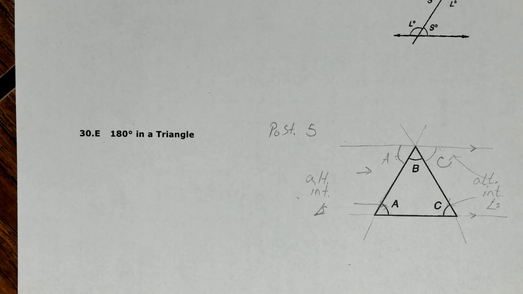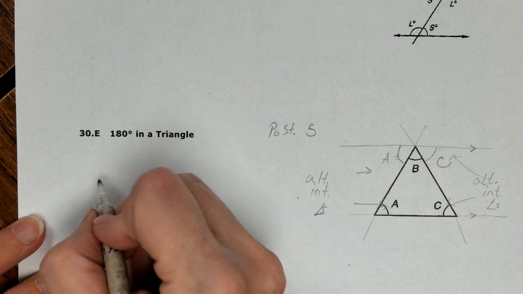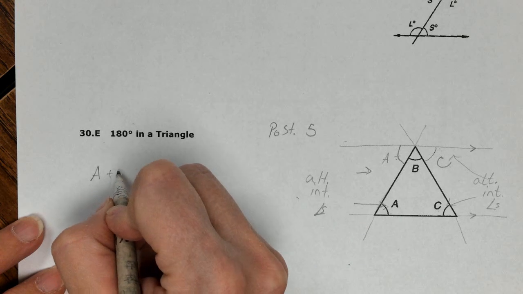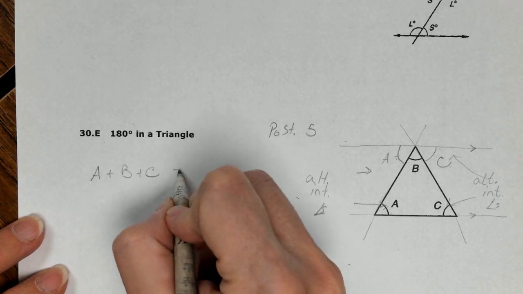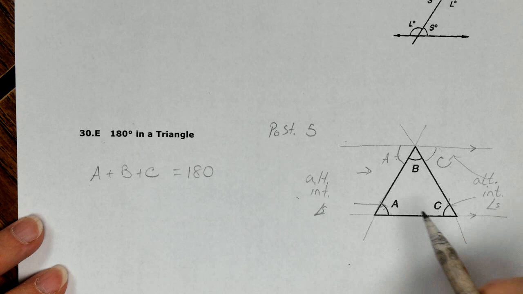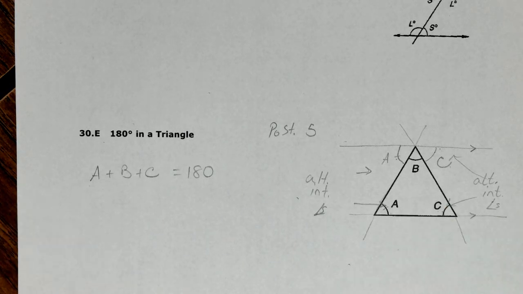They add up to 180. Okay, A plus B plus C equals 180. But A plus B plus C were the interior angles in that triangle. We have just proven that all three angles in any triangle add up to 180 degrees. And that concludes the notes for lesson 30.